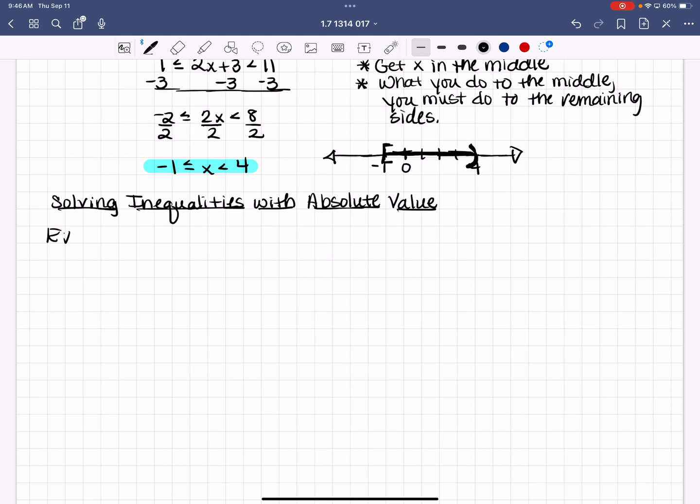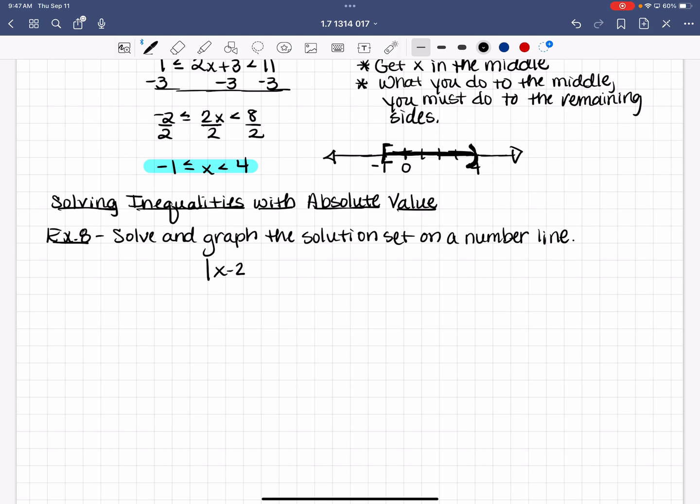So example 8 says solve and graph the solution set on a number line. Okay? And I have absolute value of x minus 2 is less than 5.